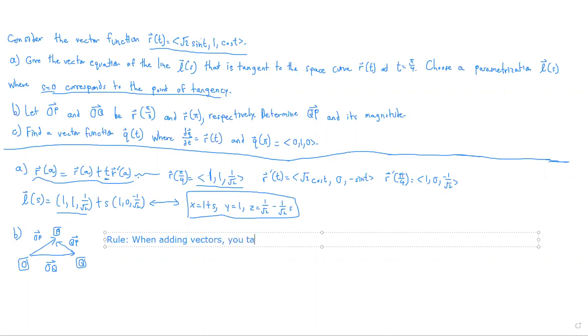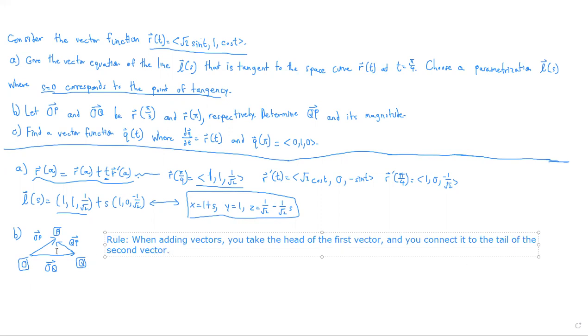You take the head of the first vector and you connect it to the tail of the second vector.